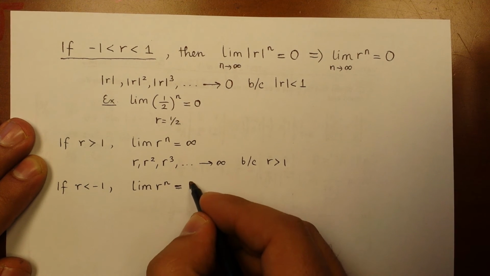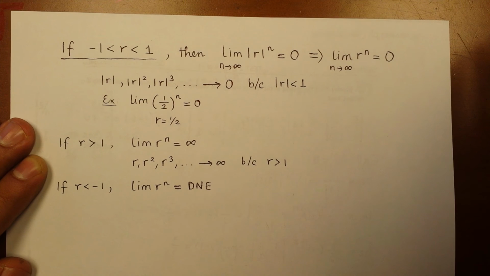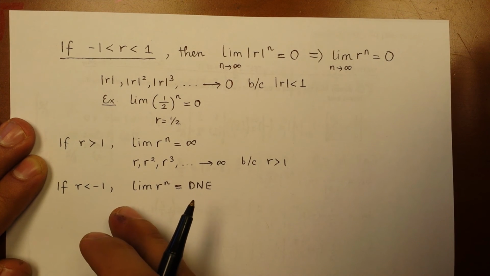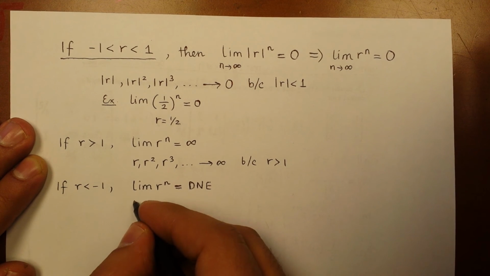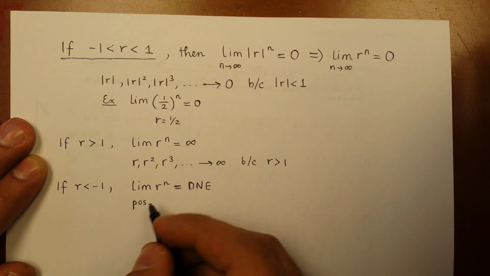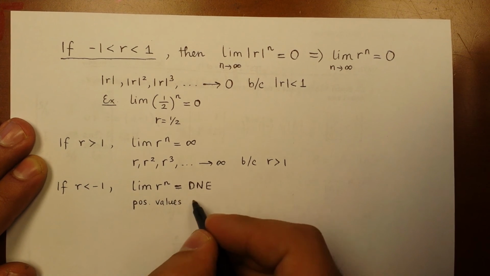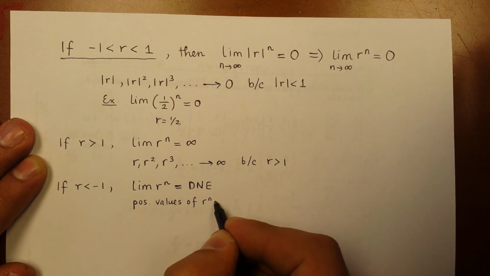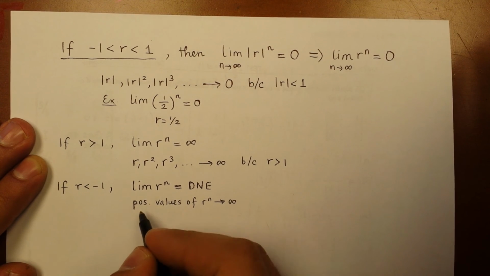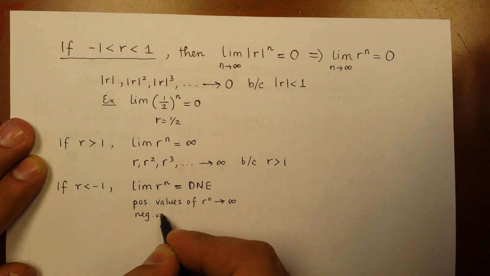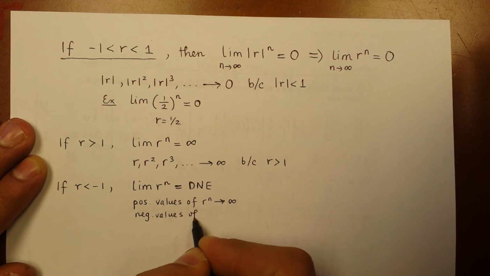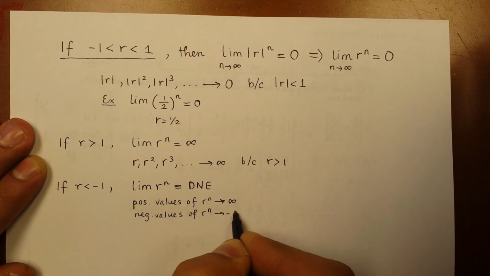So this time the limit does not exist, but you can explain it this way: the positive values of r to the n will go to infinity, and the negative values of r to the n will go to negative infinity.